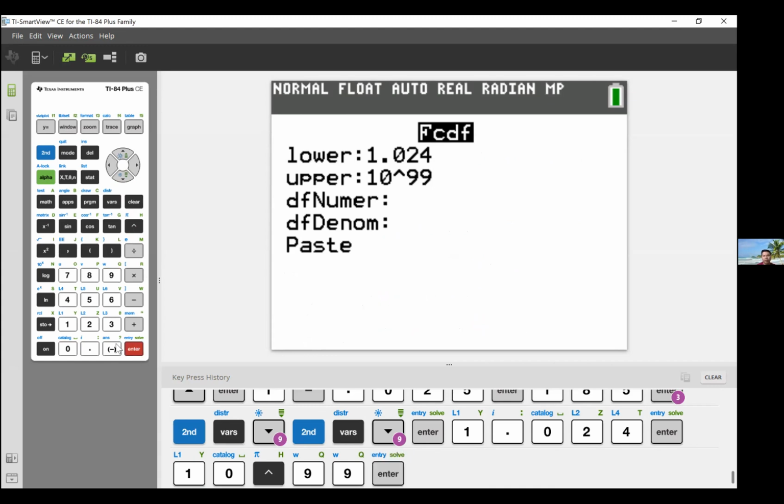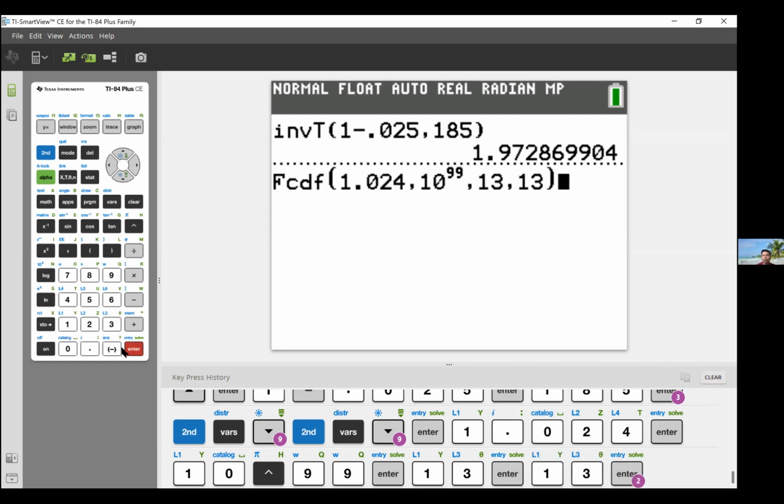Degrees of freedom of the numerator is 13, and the denominator is also 13. Then you paste it. If you have a TI-83 or TI-84, you just input in this order and it should give you the same answer.